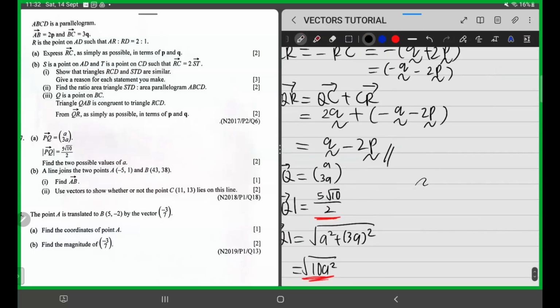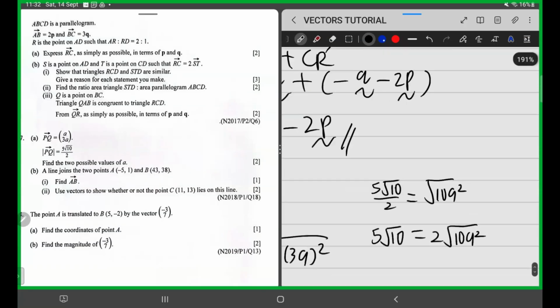So therefore you have 5 square root 10 over 2 equals square root 10a squared. Right? Essentially 5 square root 10 over 2. You can bring the 2 over. So it's 5 square root 10 equals 2 times square root 10a squared. So if you want to find the value of a, you can just compare.